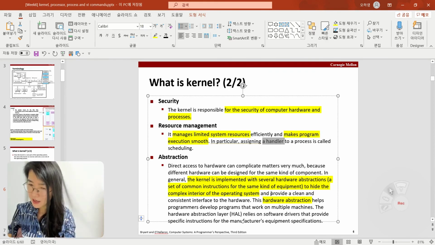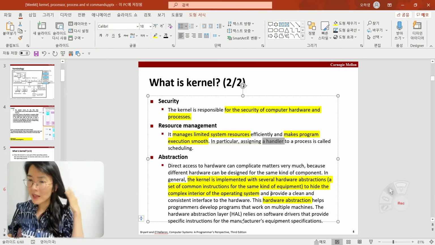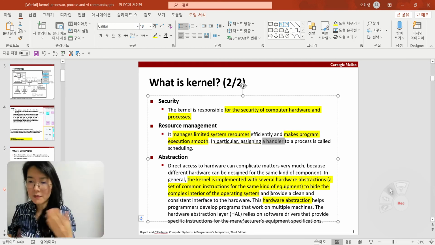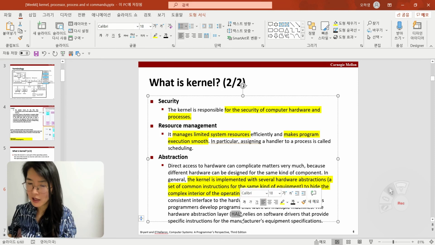All right. So that means hardware abstraction help programmers develop programs that works on multiple machines. The hardware abstraction layer, abbreviation is HAL, relies on software drivers that provide specific instructions for the manufacturer's equipment specifications.